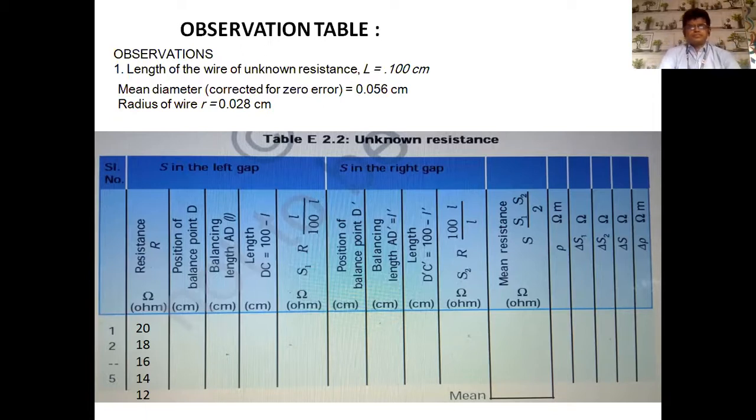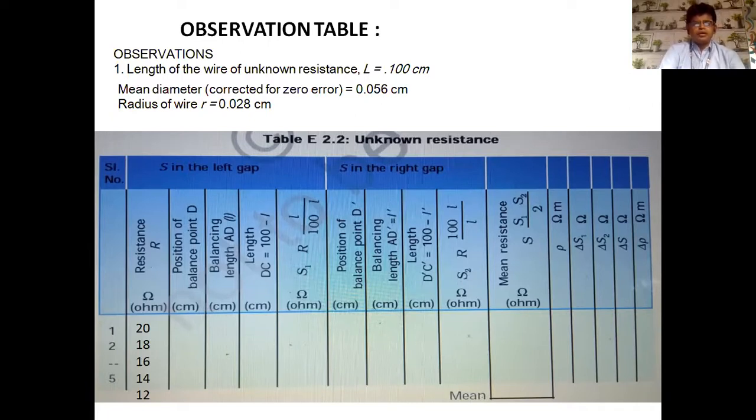Now the table. This table has two parts: S in the left gap and S in the right gap. Starting with the resistance R value, this R value is sometimes given by the examiner at exam time.